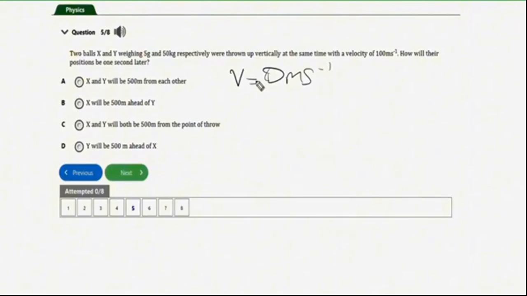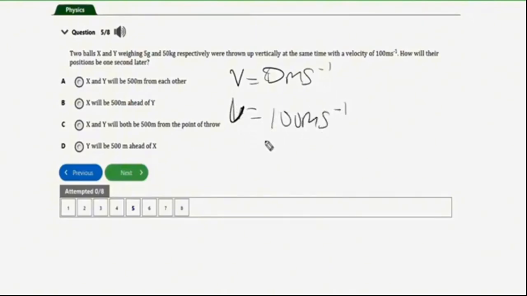Whereas when the ball is being thrown down, it should register in your mind that the initial velocity will be 0, the opposite of it. When thrown up, the final velocity will be 0. When thrown down, the initial velocity will be 0. Alright, so just take note of this logic. So having known this, our initial velocity u is 100 meter per second.